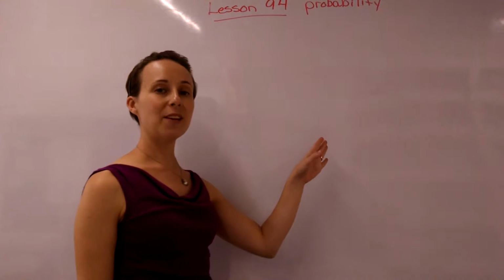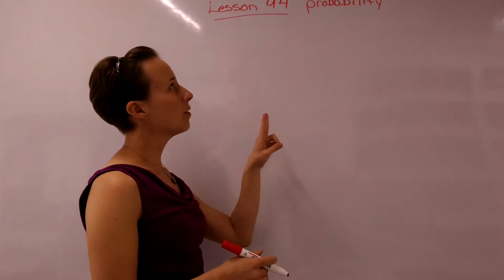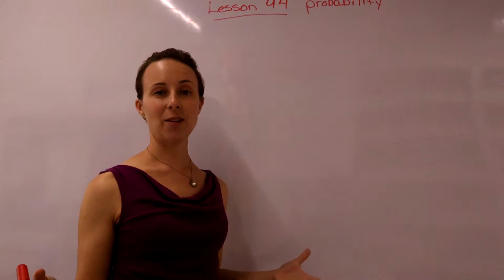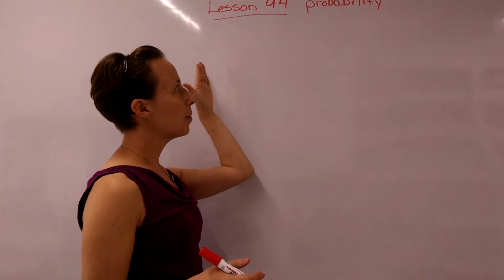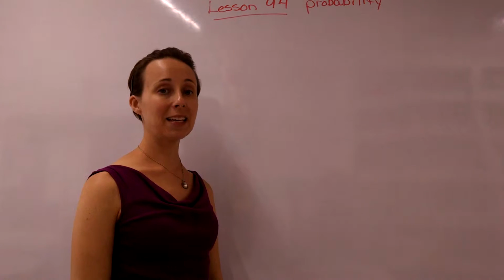What we learned in our last video is that if we are doing probability of two events that don't really affect each other, we can find the probability of both events happening by multiplying their individual probabilities together.